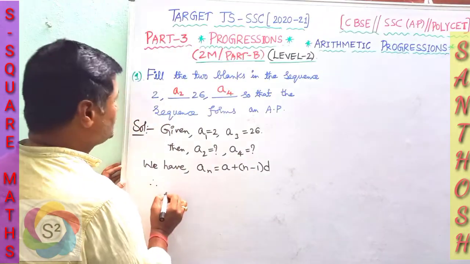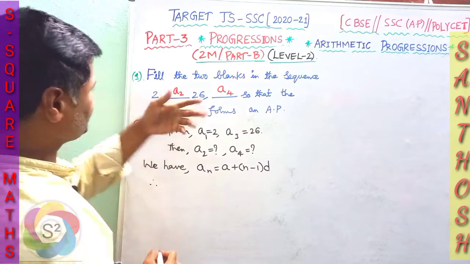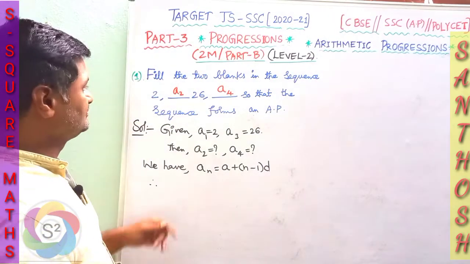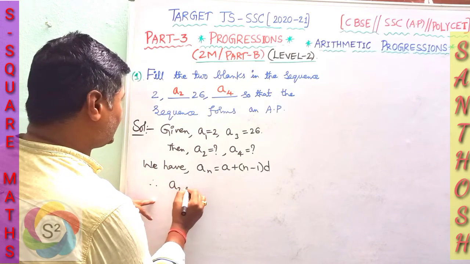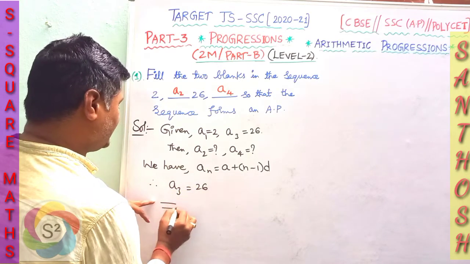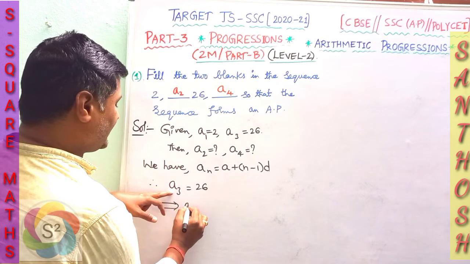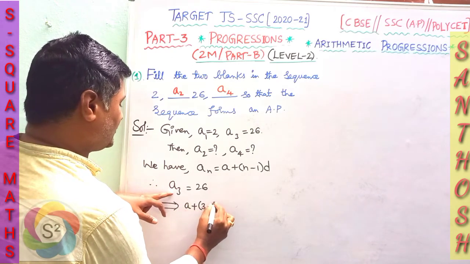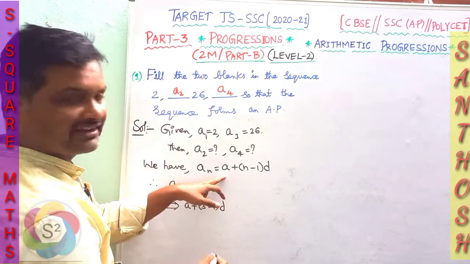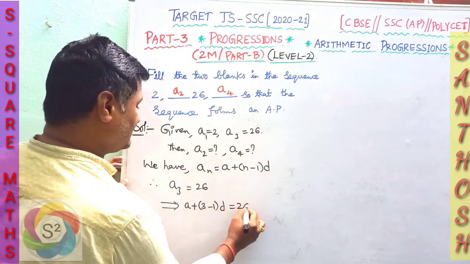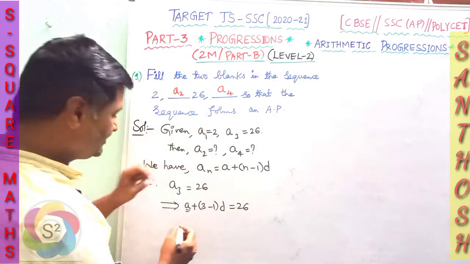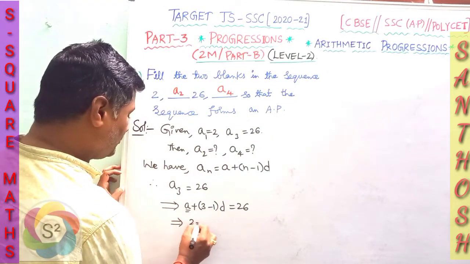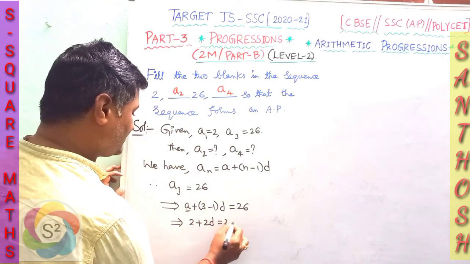Therefore now to find out our second term and fourth term, consider A3. What is our A3? 26. So this implies A plus 3 minus 1 into D, by the definition of An, is nothing but 26. Replace the value of A. What is our A? Nothing but A1 here. So 2 plus 2D is equal to 26.